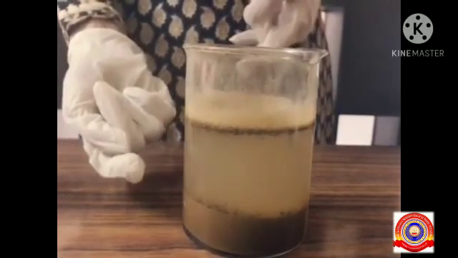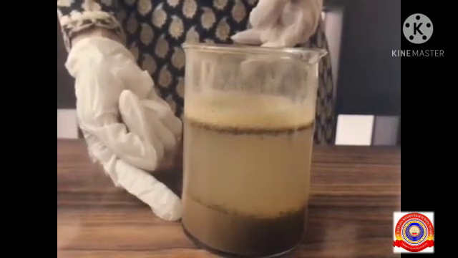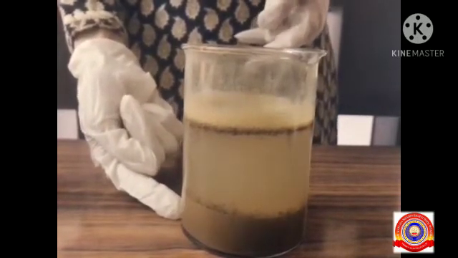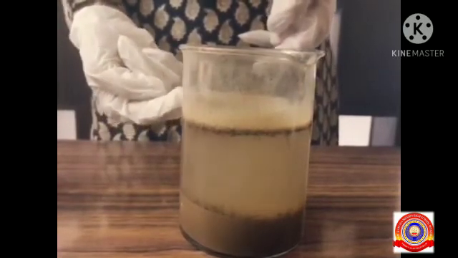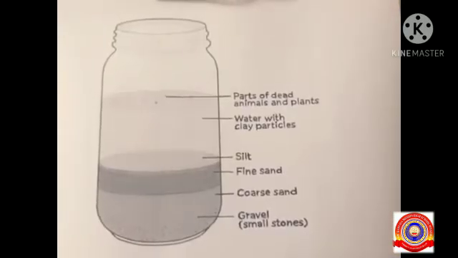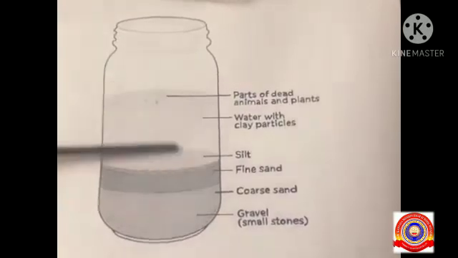Soil gets settled down at the bottom of the glass, and on the surface of the water we can see so many things, right? So this is the separation we can see in the glass.